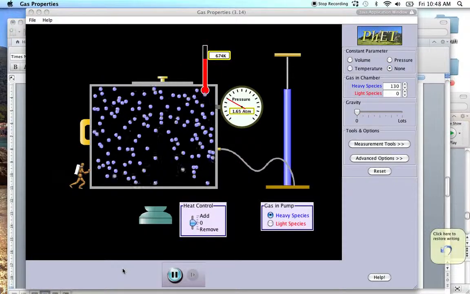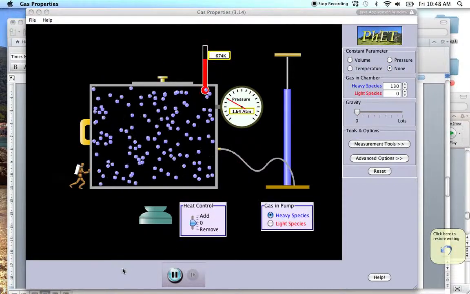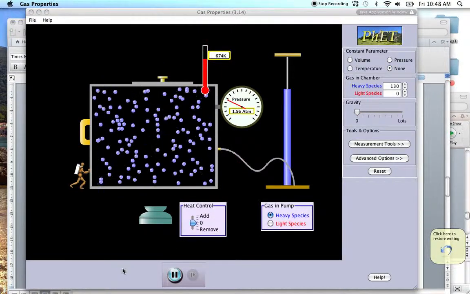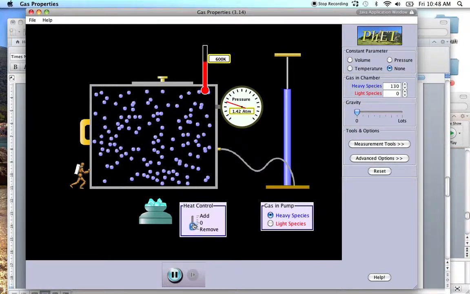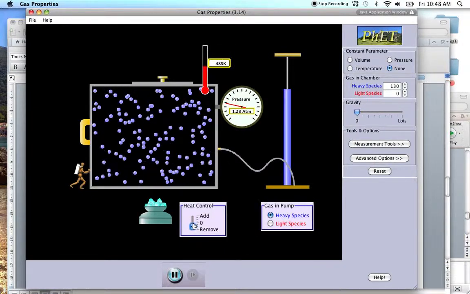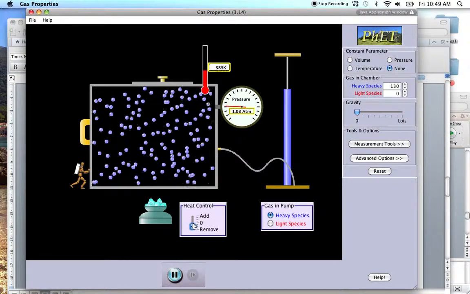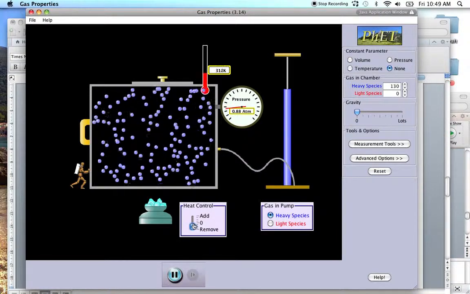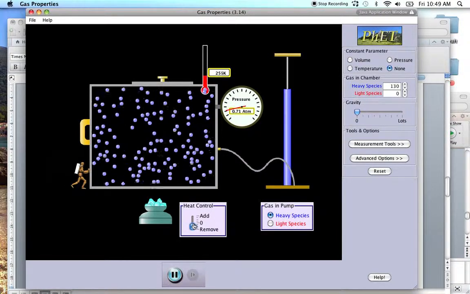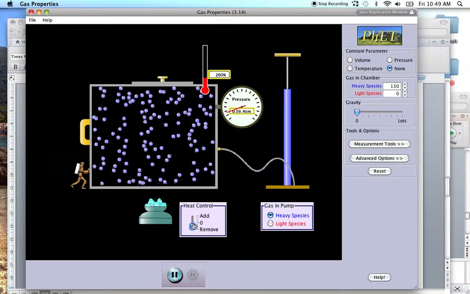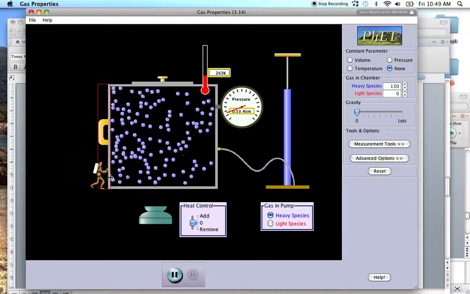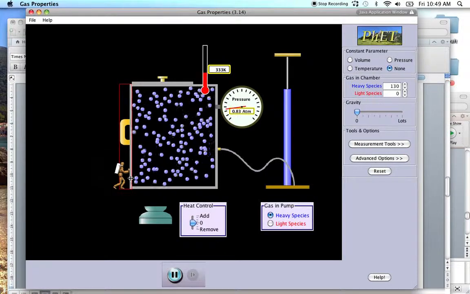Okay, now as I change the conditions here, perhaps I cool this down, I let the temperature drop, and I'm going to increase the pressure. I'll push this in somewhat.